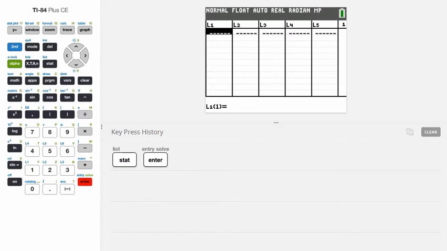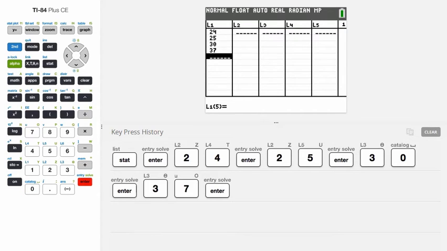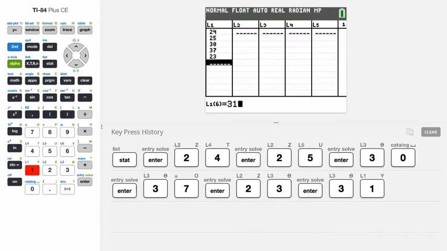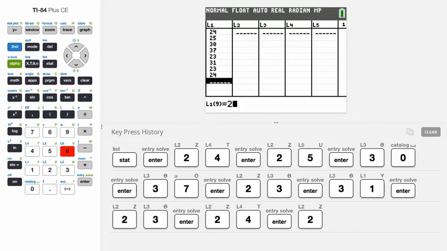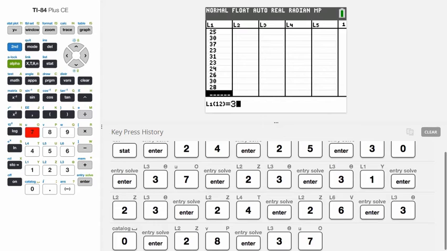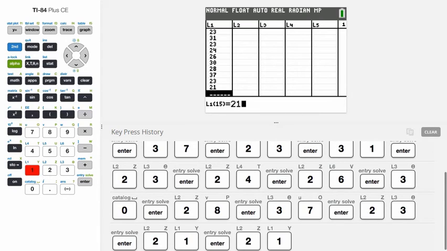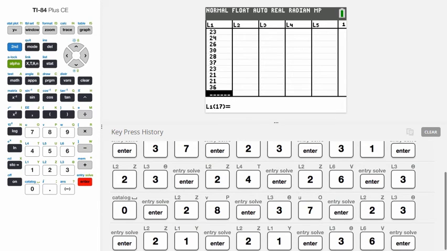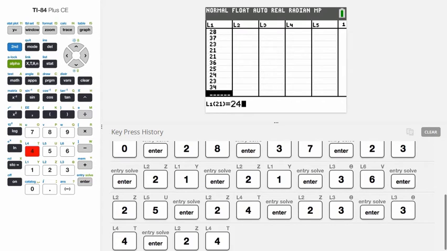In L1, we want to type in our ages, 24, enter, 25, enter, 30, enter, 37, enter, 23, enter, 31, enter, and so on through the rest of the ages, pressing enter after each one.